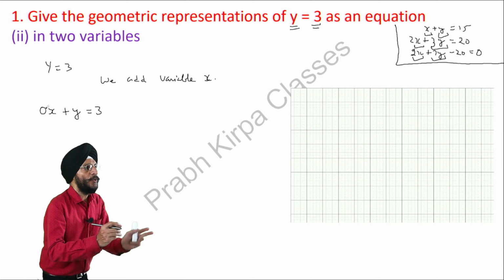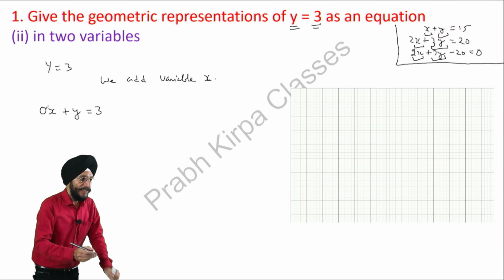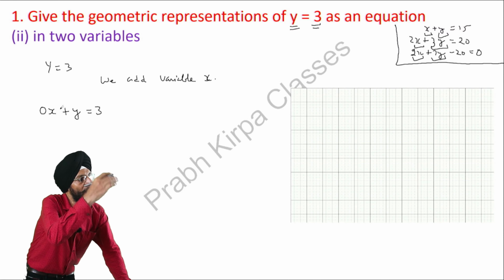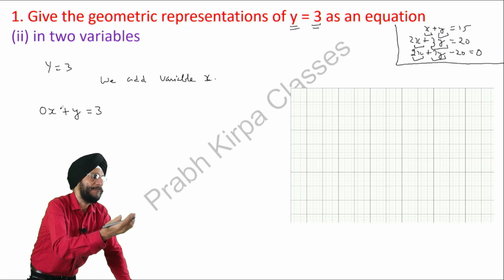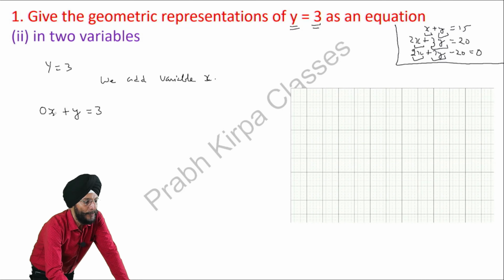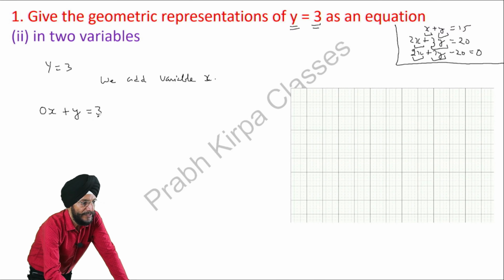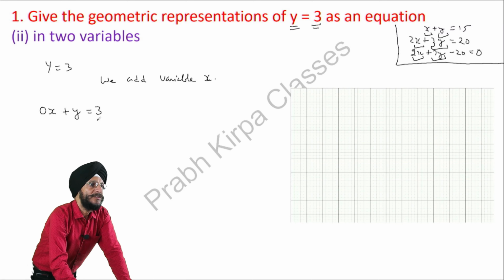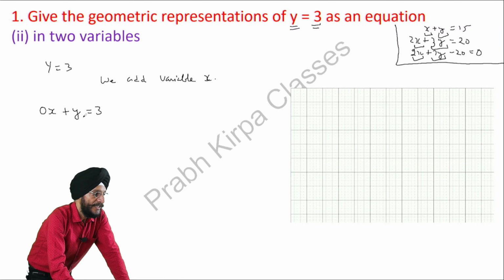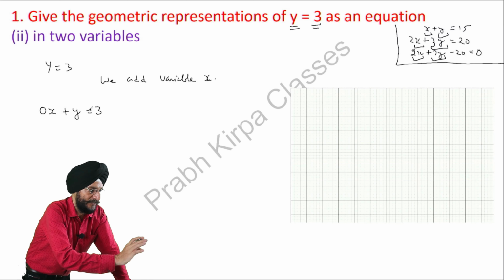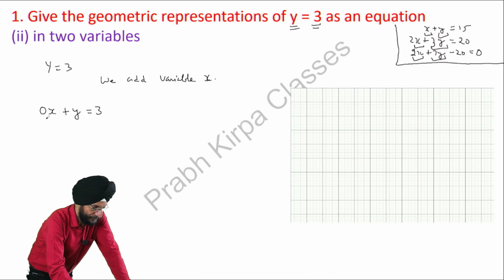If we write 0x, it means that even if the value of x is 1, suppose the value of x is 1, when it is multiplied with 0, it becomes 0. If the value of x is something else, say 7, when multiplied with 0 it becomes 0. So ultimately, y will remain equal to 3. That is, there is no problem if we write 0x.